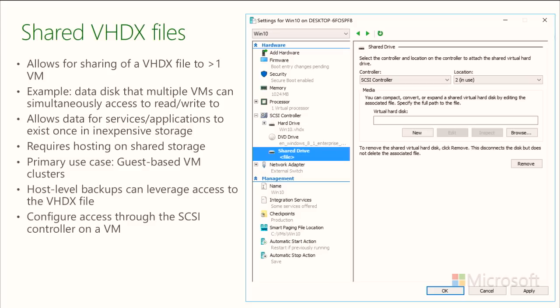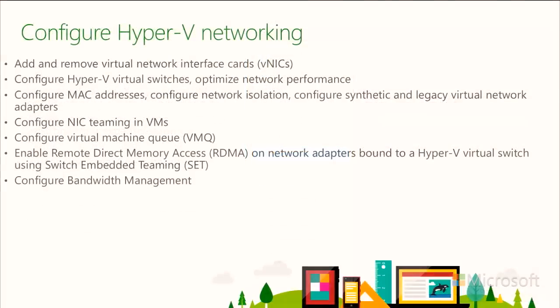So you have a number of guest VMs, and you say, I want each one of these to share that same VHDX, and they'll see it in each one of the VMs. You can write to it and read from it as if each were using its own separate disk, but it's shared amongst the group of them. That's a really cool function, and be prepared for that on the exam as well.